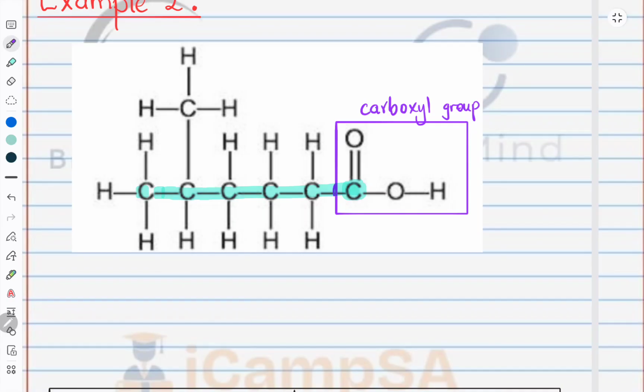All right, so now let us check our chain. The straight part is 6 carbon atoms. If we start counting from here, it's 1, 2, 3, 4, 5, 6 still. So you know me, I always choose the most convenient route. So I'll choose the straight chain as my main chain.